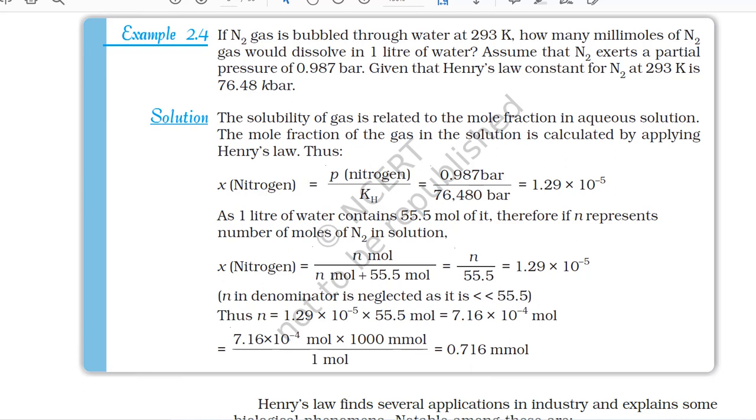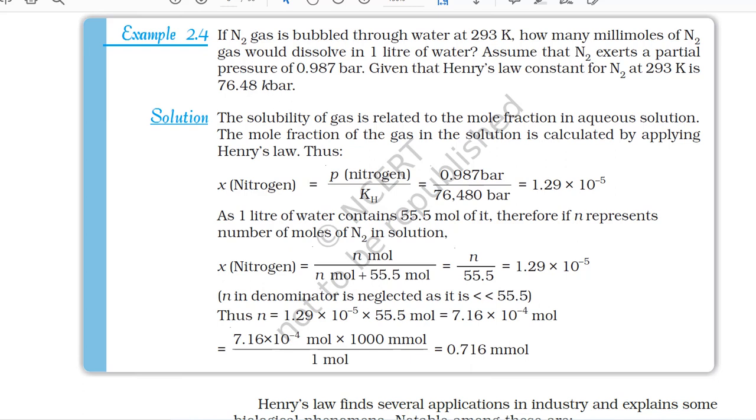The solubility of gas is related to the mole fraction in aqueous solution. The mole fraction of the gas in the solution is calculated by applying Henry's law. Thus, mole fraction of nitrogen = p(nitrogen)/KH = 0.987 bar / 76,480 bar = 1.29 x 10^-5.